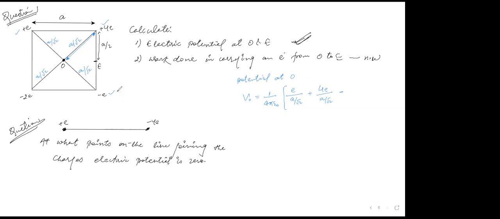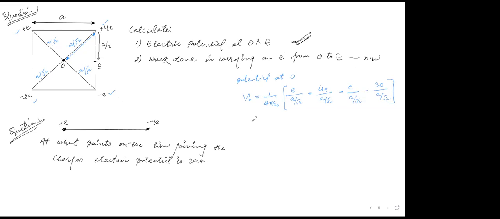Then minus, because the next charge has a negative sign, so we take negative E over A over root 2, and this one is minus 2E over A over root 2.